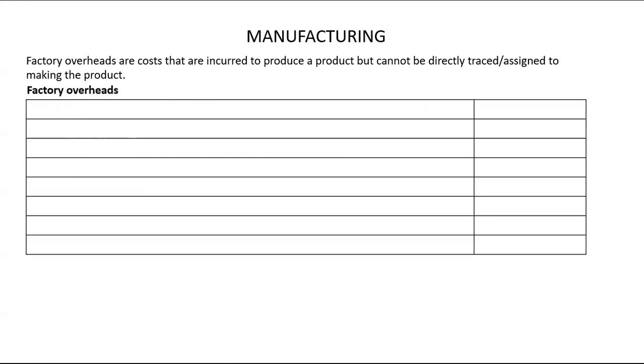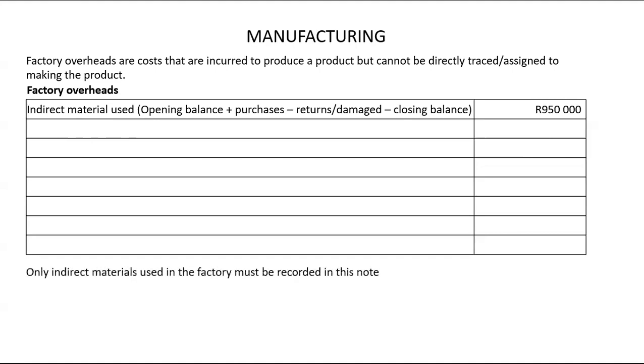I will normally start with indirect material, which works the same as your direct material. So it's opening balance plus purchases minus returns minus damage minus theft minus closing stock. So the ones used will be 950,000 for this example. Only indirect. Don't confuse direct material with indirect material.